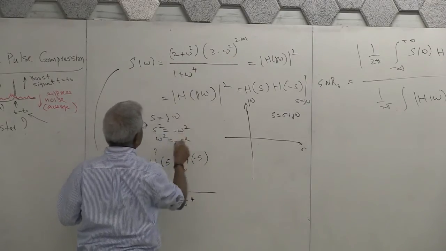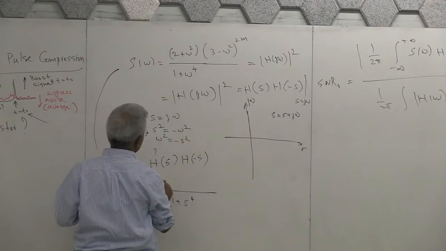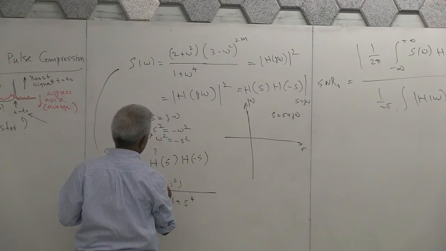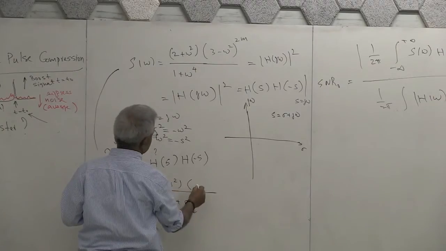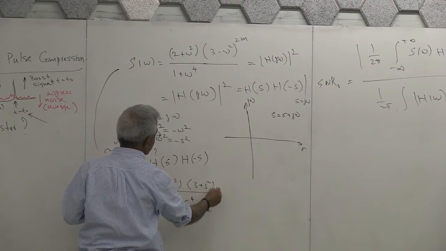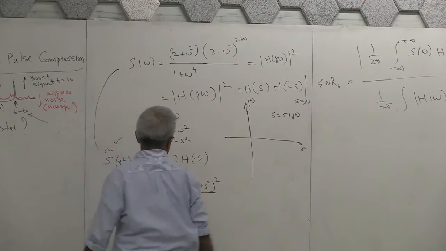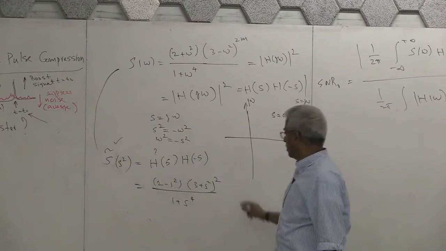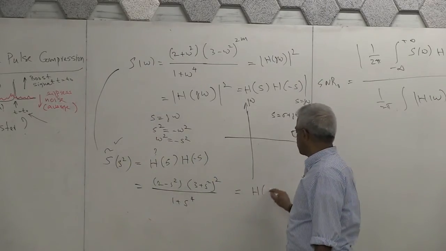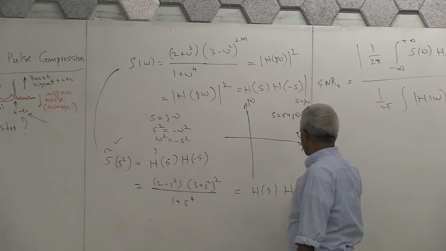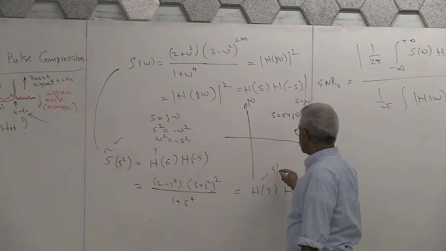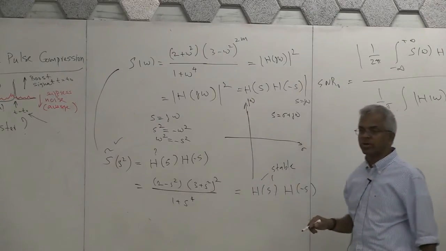Omega squared is minus s squared, so this is 2 minus s squared. And this is 3 plus s squared, the whole squared. I want to write this as h of s multiplied by h of minus s. We certainly want this filter to be stable. That means all its poles should be where?